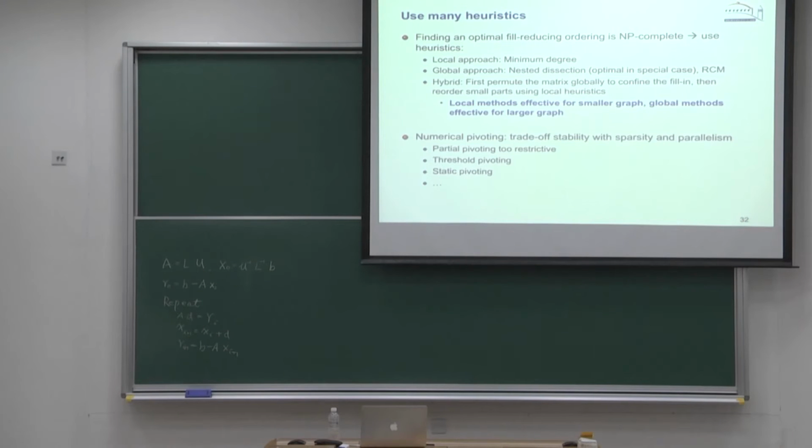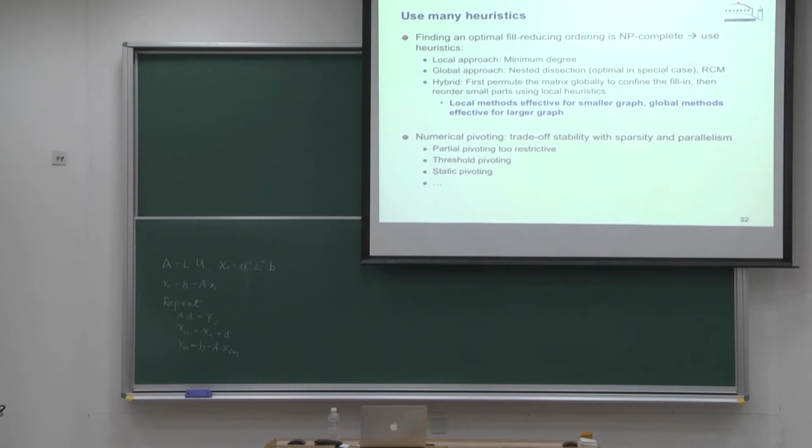For general graph, you cannot prove optimality. To find the optimal fill-reducing ordering is an NP-complete problem, meaning that you don't have a polynomial algorithm to get this. And then people developed heuristics. We use a local greedy approach, minimum degree, and then a global approach, nested dissection, which is optimal in special cases.